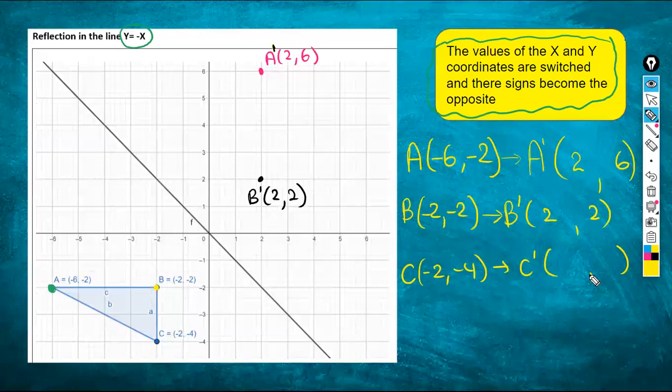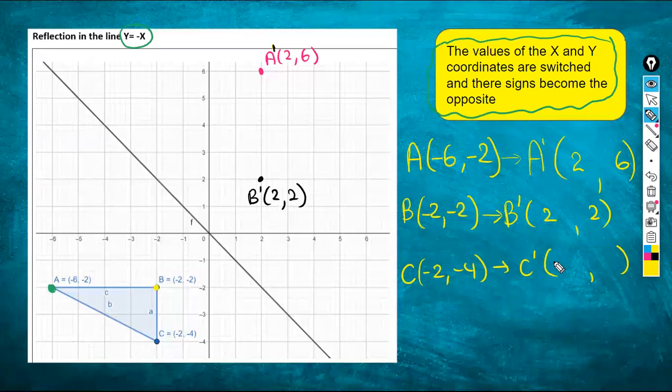Right, looking at all the answers. Nope, somebody had it wrong. Somebody, oh good, I missed the name, but somebody had it wrong. Remember, you're switching x and y, but some people forget, and after you do the switch, you make all the signs the opposite. Right?